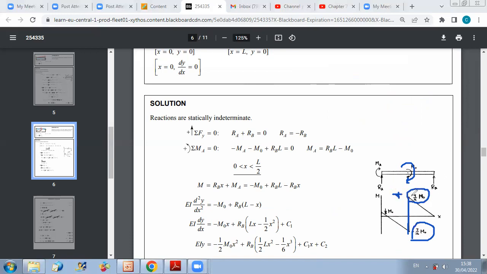You can verify this easily by replacing into the equation M2 as a function of x. Also, you can expect that at the end here, I should end up with a bending moment of 0, because at this point I don't have a couple. So replacing x equal L in M2 of x, you can verify that I will end up with 0. So in this way, I will be able to draw my moment diagram. And then I am done. I found the reaction at the support B, and I was able to draw my moment diagram.